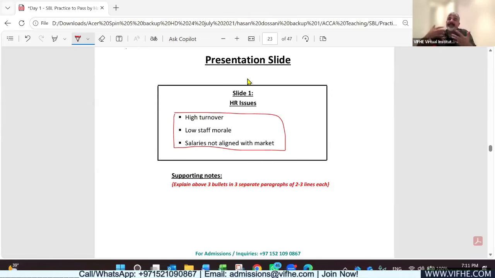So then who is speaking? Who is explaining those points? If you have made a presentation, your slide is very concise, right? So then who is the person who is explaining? You are the speaker, yes. The one who is presenting, he is explaining the pointers, correct?